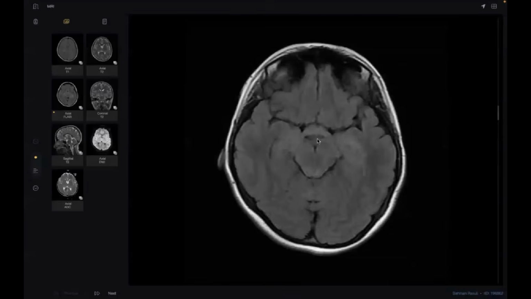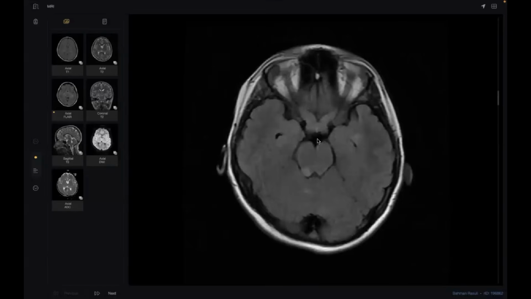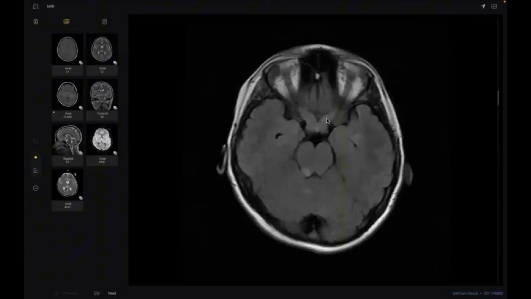Till now, it is not characteristic for NF1. But the bilateral optic nerve glioma is pathognomonic, because this tumor, pilocytic astrocytoma, bilateral, is pathognomonic. And this one looks like also tectal plate glioma.